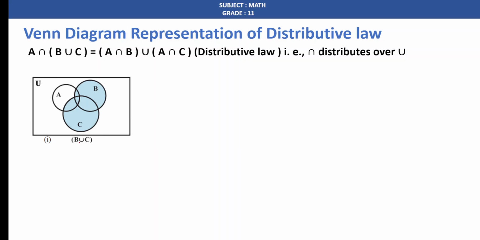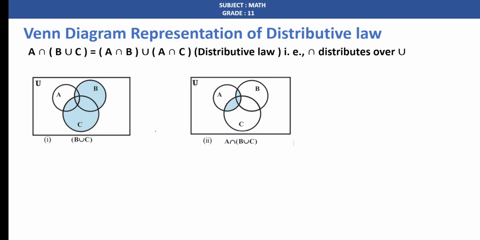For example, when we write B union C, we will get this part. Then A intersection B union C is the combination of what is common for both. So this is the shaded part. Therefore, this is A intersection B union C.